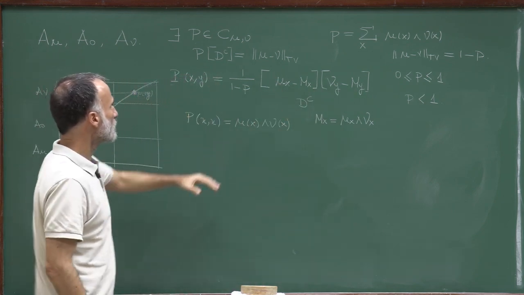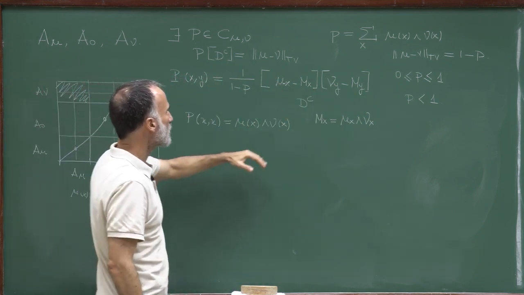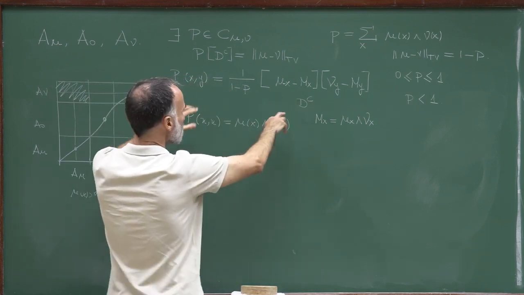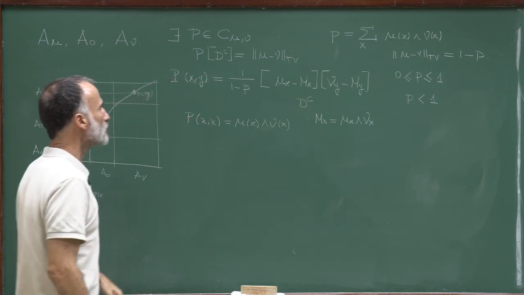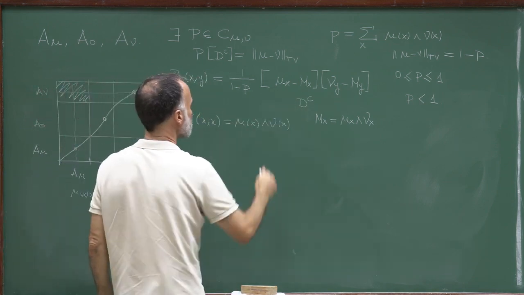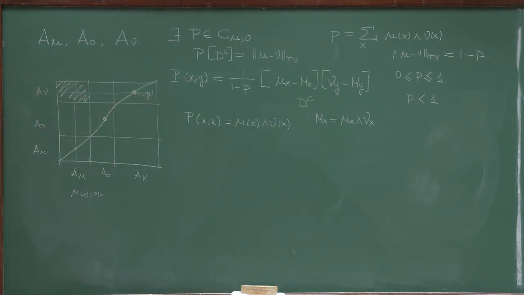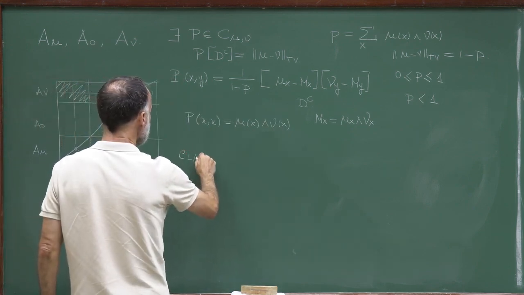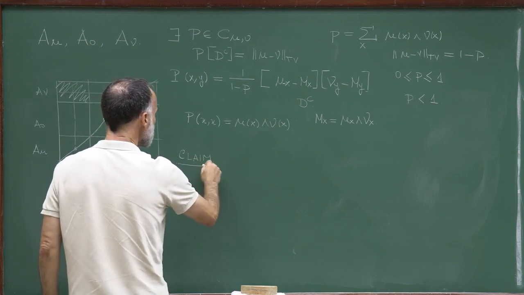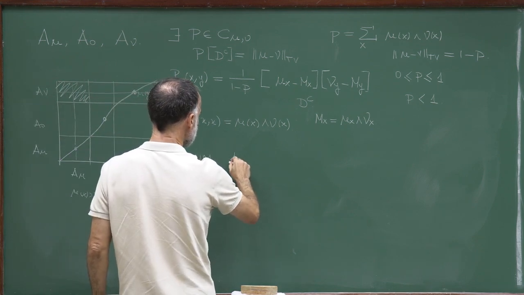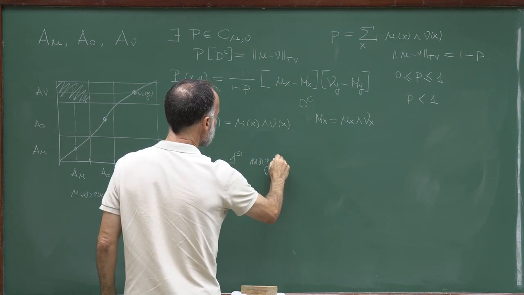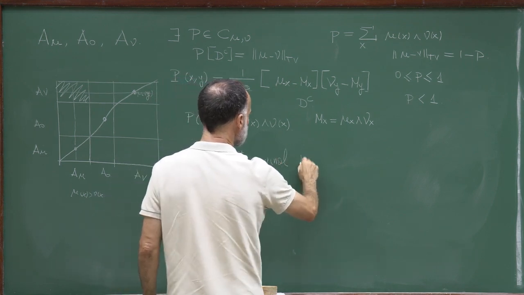So this is the definition on the diagonal, and this is the definition outside the diagonal. If x, y belongs to the complement of the diagonal, we define it in this way. Now what I claim, and what I will prove next, is that the first marginal of P is equal to mu.